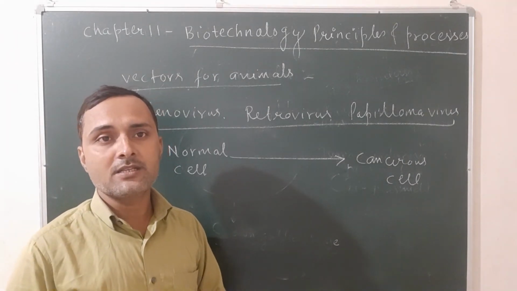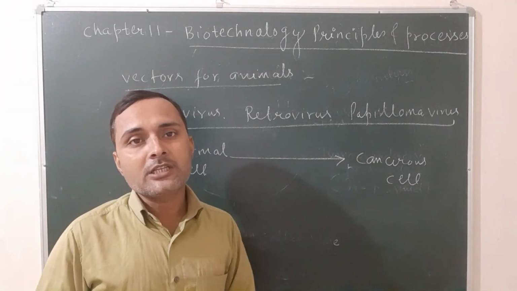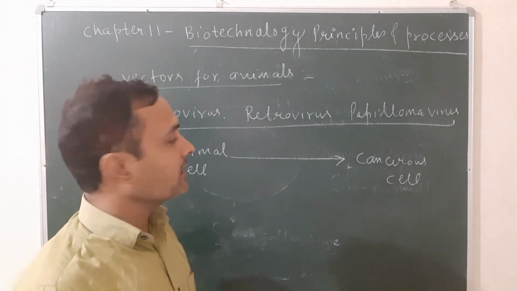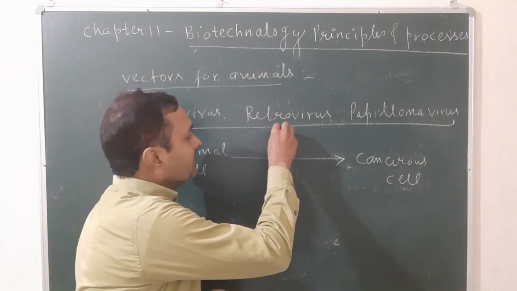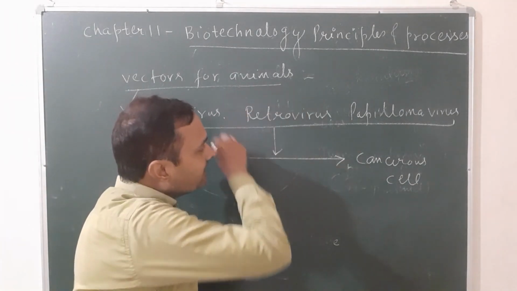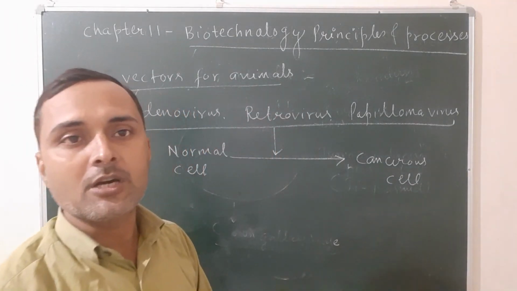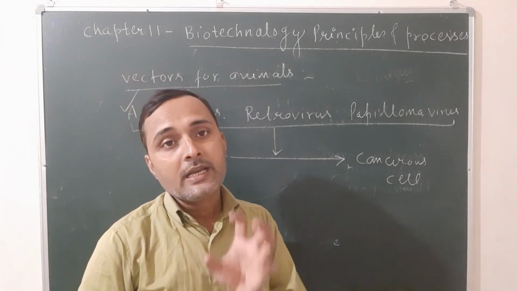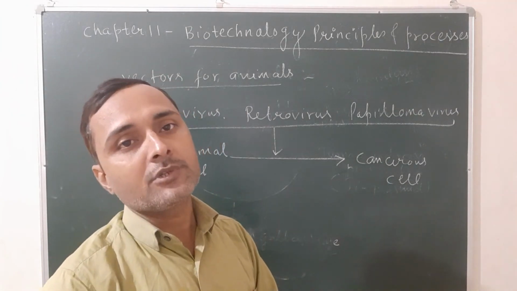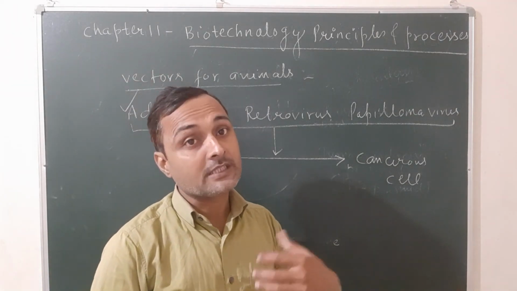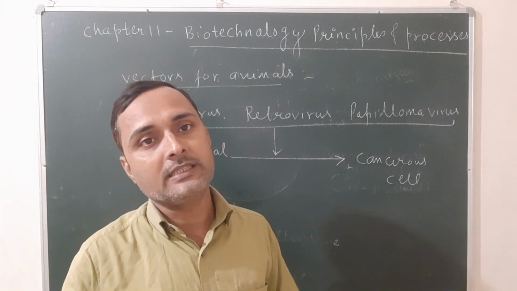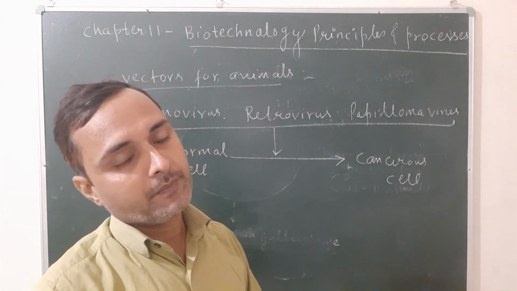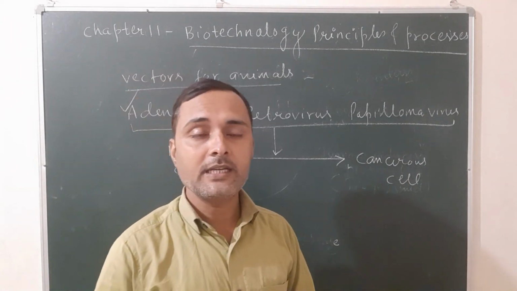Normally their genetic material converts normal cells into cancerous cells. But when we disarm the viral genetic material by introducing our gene of interest, that gene will express, and the animal becomes resistant against the particular disease.